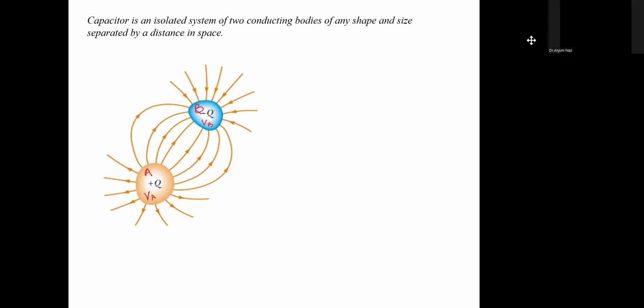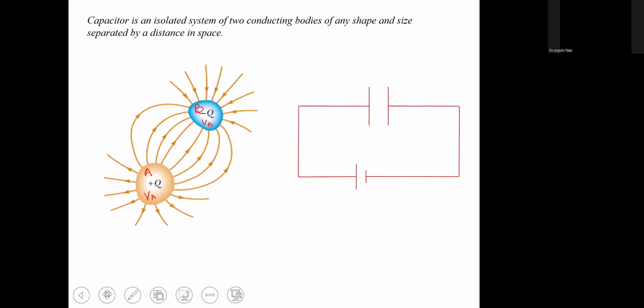And let us see how the capacitors are charged. Here are the two plates of the capacitor, plate A and plate B, connected through a battery. Plate A is connected to the positive terminal of the battery and B to the negative terminal.